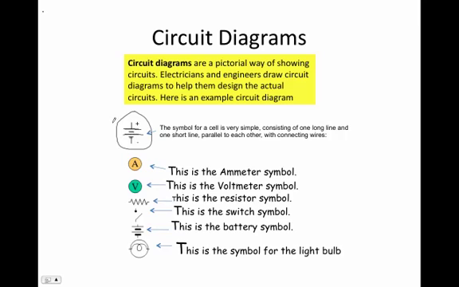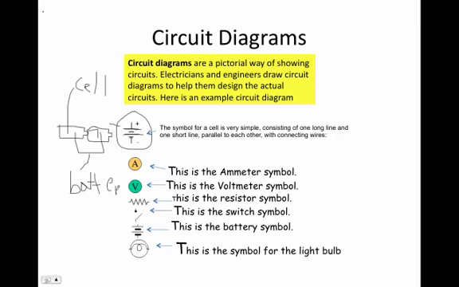So this one you see here would, in real life, be one cell and then a second one hooked up like this. So two. In everyday life, we call this a battery, but really in electricity, from a physics perspective, one would be a cell, and when we combine more than one, like this, technically now it would be called a battery.